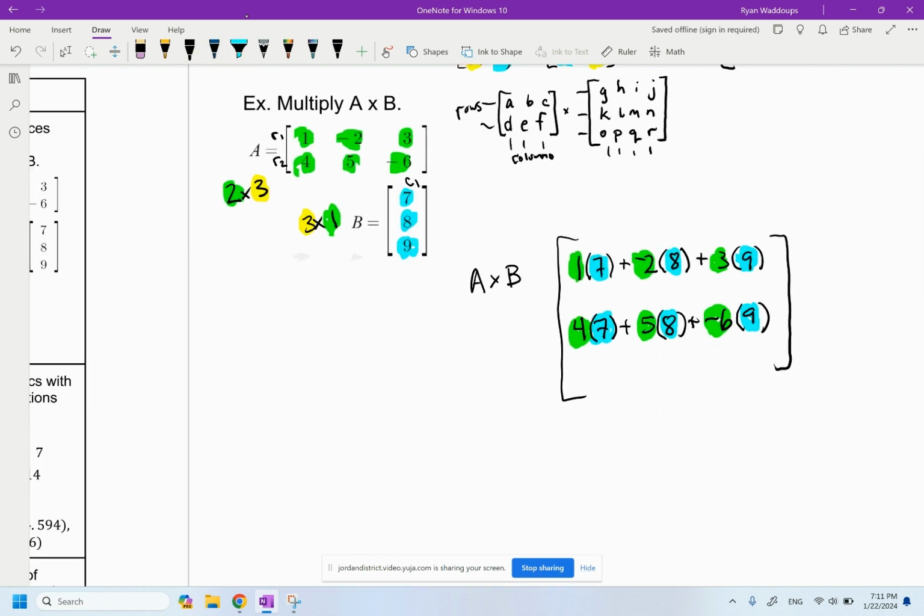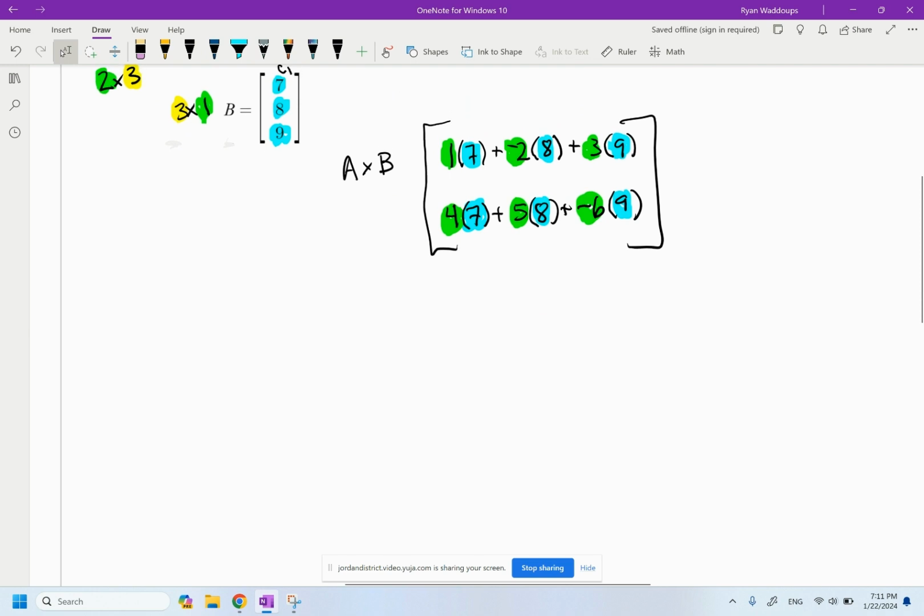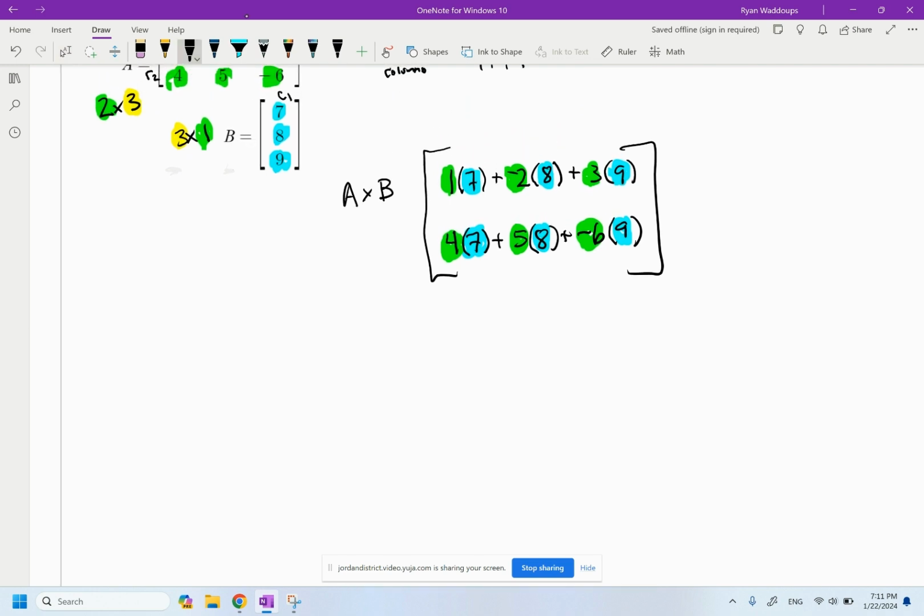I probably made that a little bit too big, so let me bring that down and tighten that up. So 1 times 7 is 7. -2 times 8 would be negative 16. And then plus 3 times 9 would be 27.